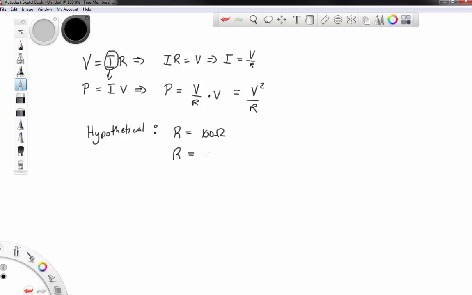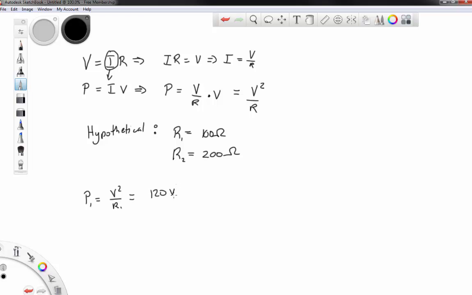And the other hypothetical is that it will be 200 ohms. So let's see which one of those two gives us a bigger number for the power. Let's call this R1 and this one R2. So P1 is going to be V squared over R1.